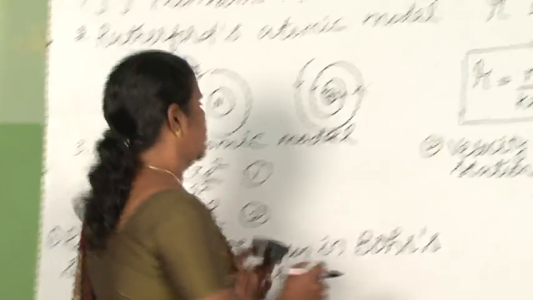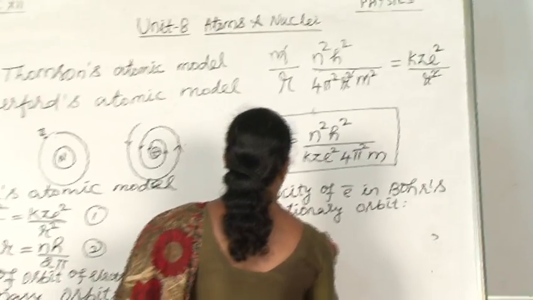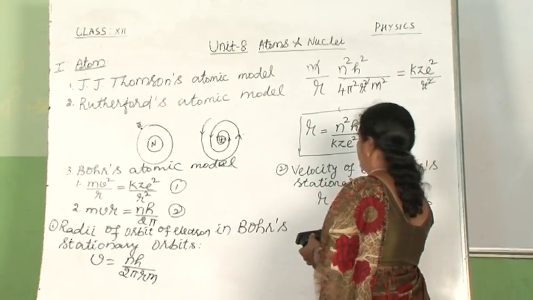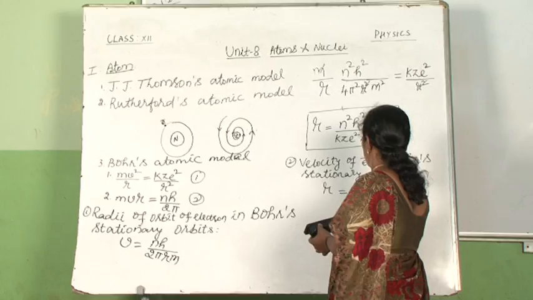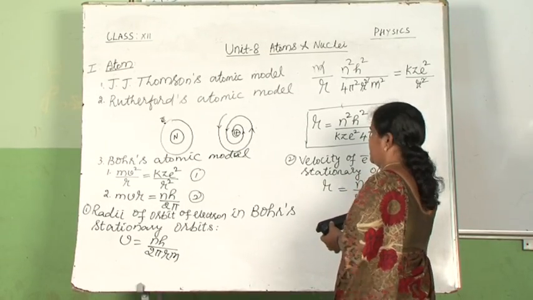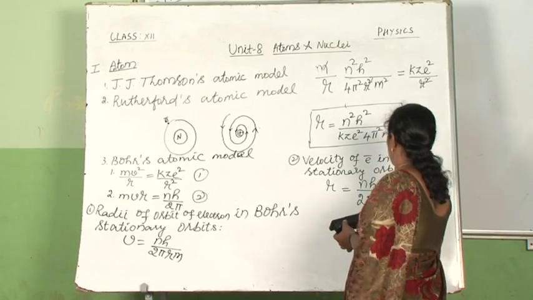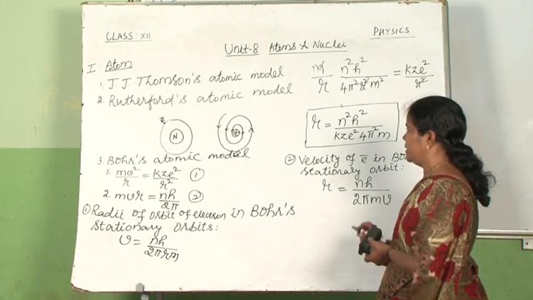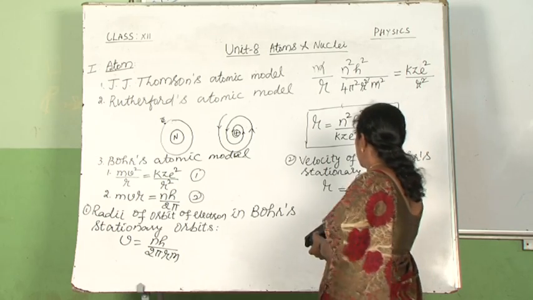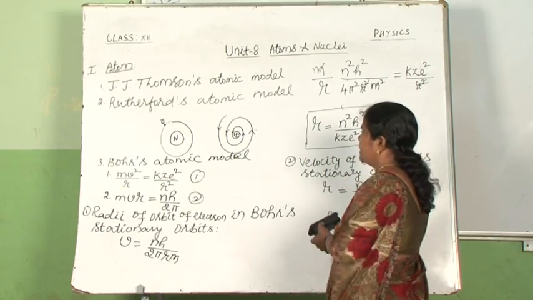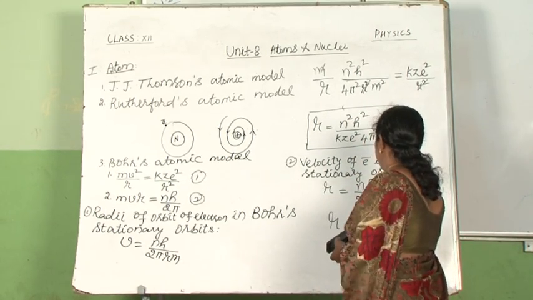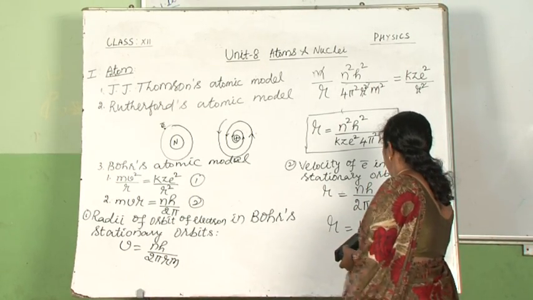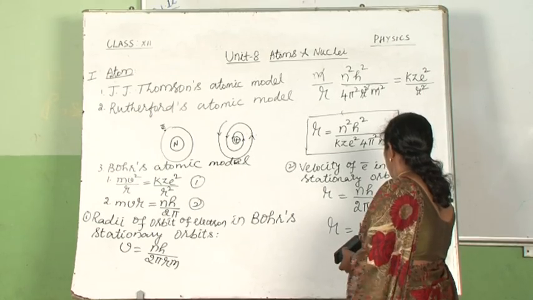From expression 2, r is equal to nh by 2 pi m v, and from the first equation, again r is equal to k z e square by m v square.